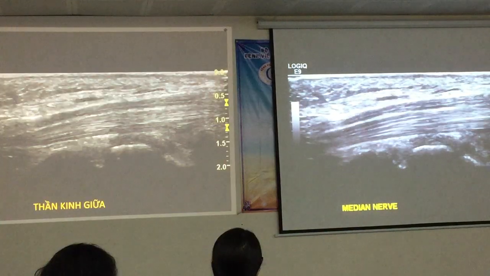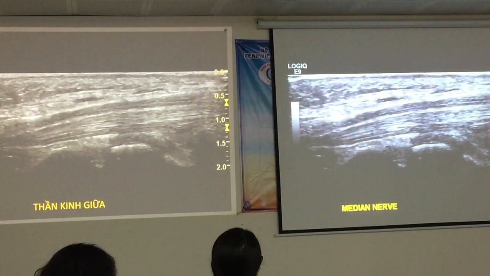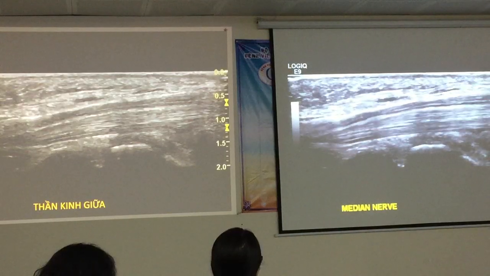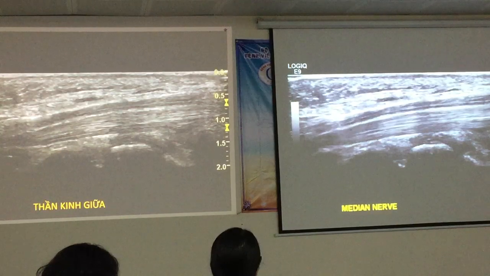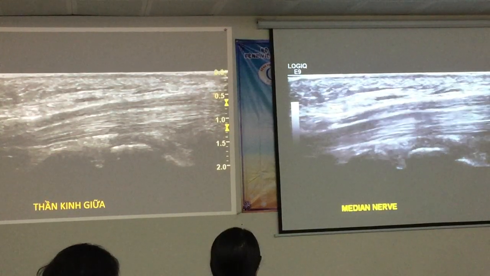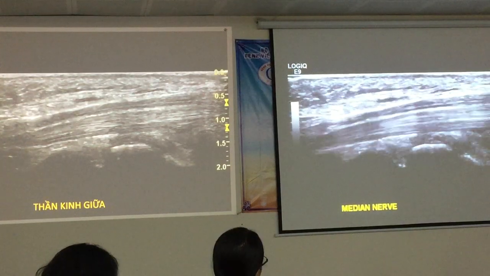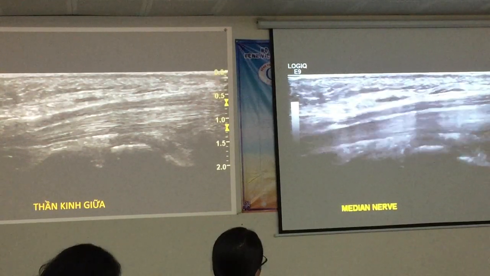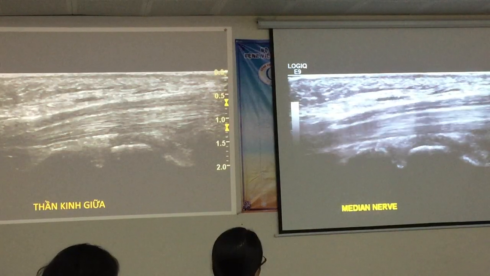And as I illustrated before, it's important to move the muscle, move the tendons. So this is the nerve sitting over the top of the flexor tendons. Ở đây là mình sẽ làm những động tác để có sự di chuyển của gân cơ và thần kinh như thế nào. And what we want to see is a nice smooth movement of that nerve as we're getting the patient to very gently flex and extend their fingers.